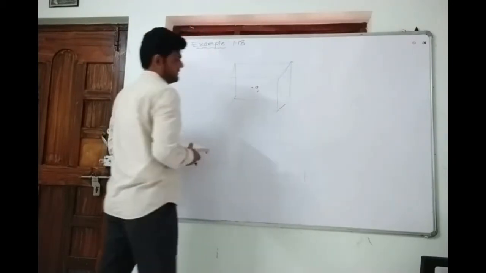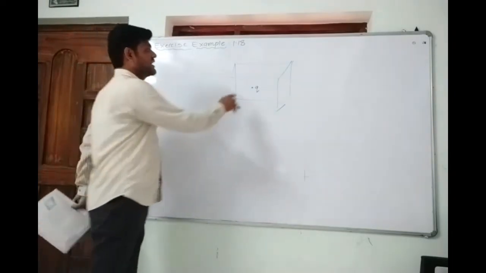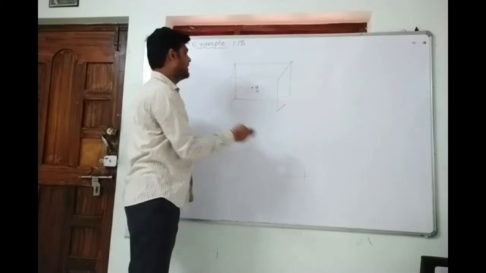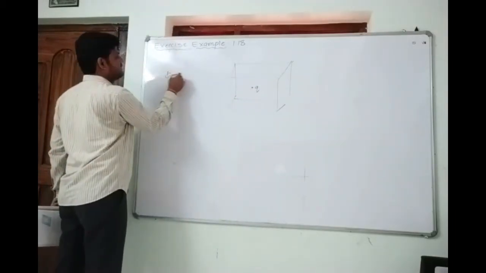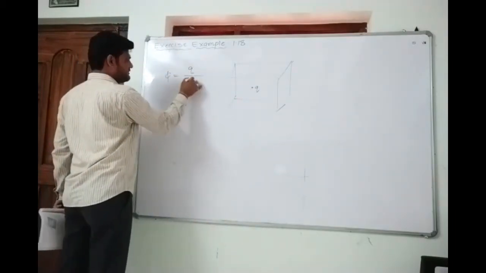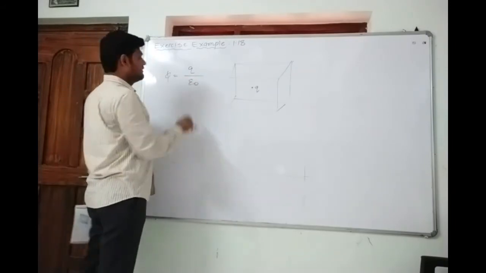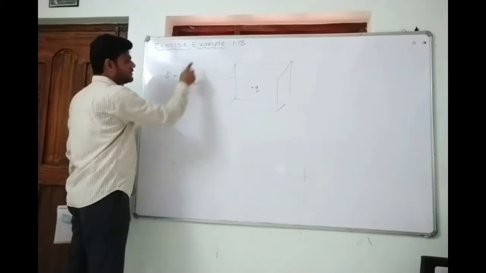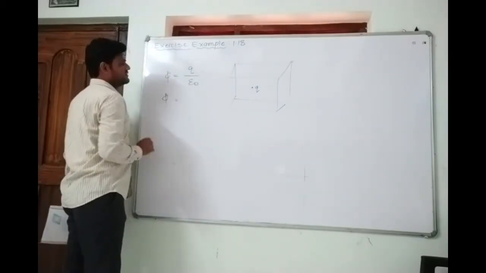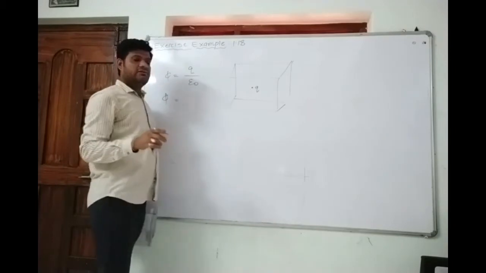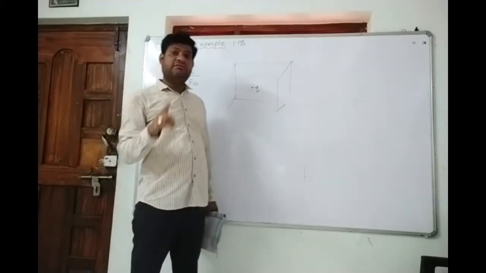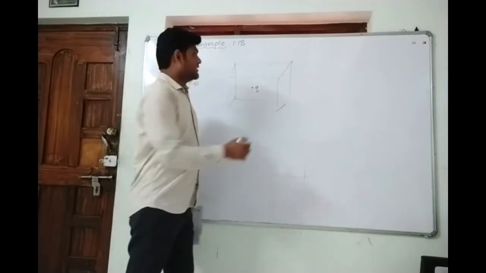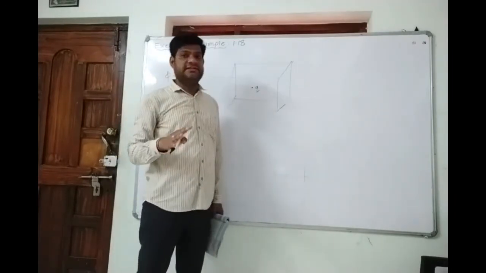Here is the charge. How much flux is coming out through the whole cube? That we can calculate: phi equals charge divided by epsilon 0. The flux coming out through the whole cube is Q by epsilon 0. But we want to calculate the flux coming out through any one of the faces. The cube has 6 faces.